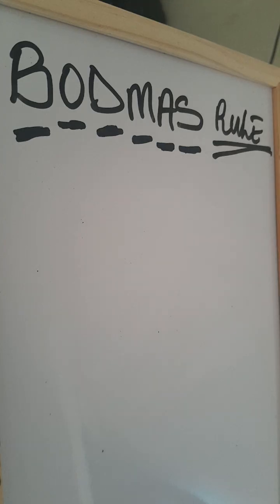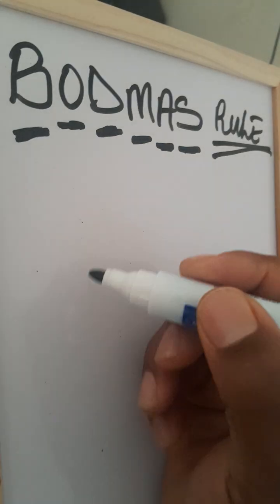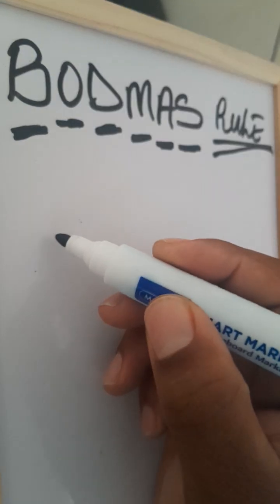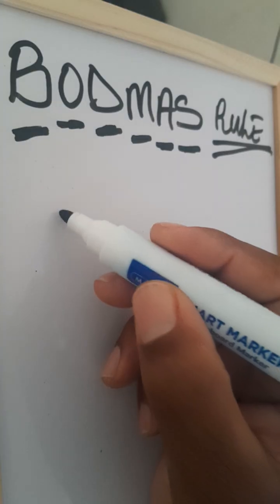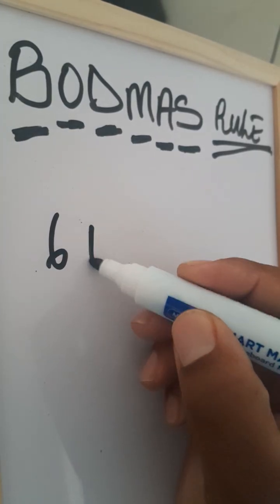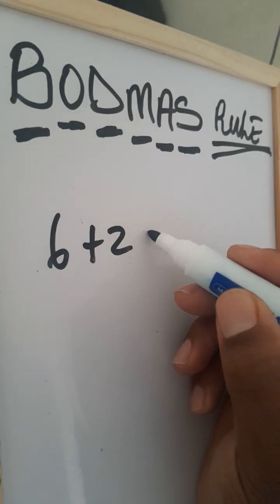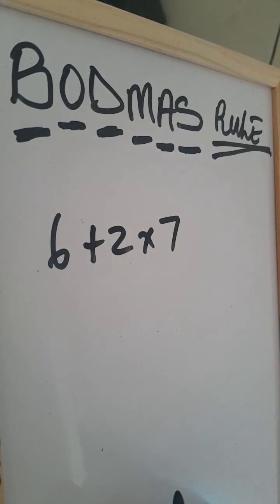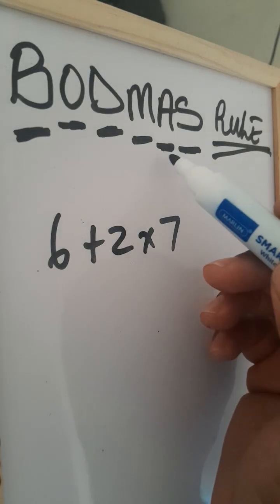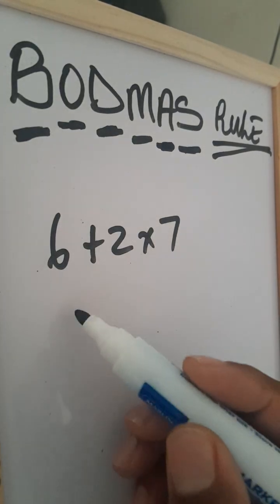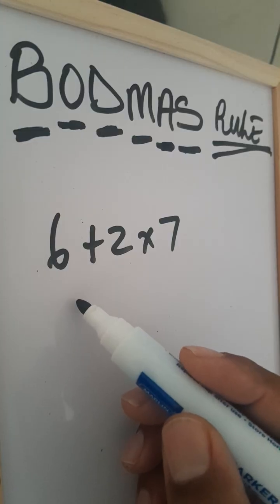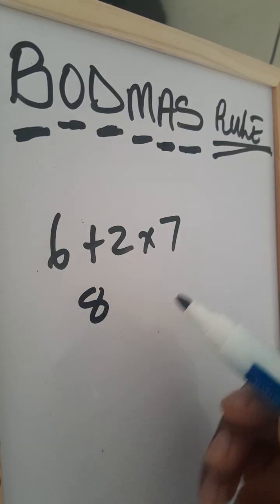Because let me give you an example. Let's say you have 6 plus 2 multiplied by 7, and we don't follow BODMAS. BODMAS says brackets, order, division, multiplication, addition, and subtraction. But when you start with addition, you say 6 plus 2, it will be 8.